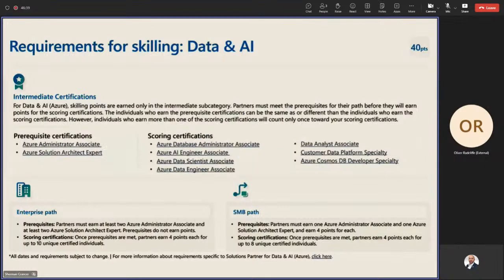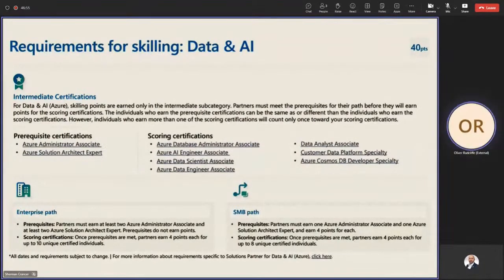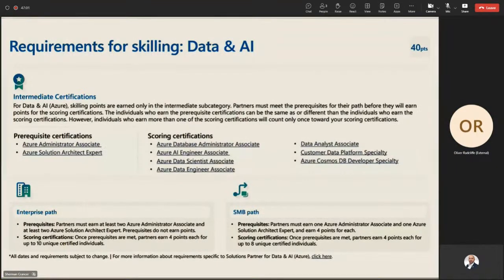Now, if you're on the SMB path, basically they're saying, okay, we're going to give you a little bit of a break. All you need is 1 Azure admin and 1 Azure solution architect. And that's your 8 points right there. Yes, 8 points. And then you do have to get 1 scoring cert to complete it, total of 12 points.